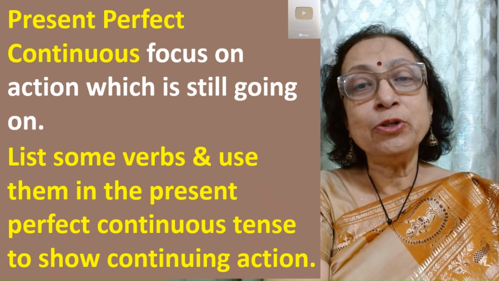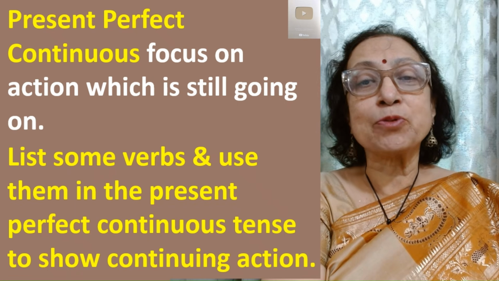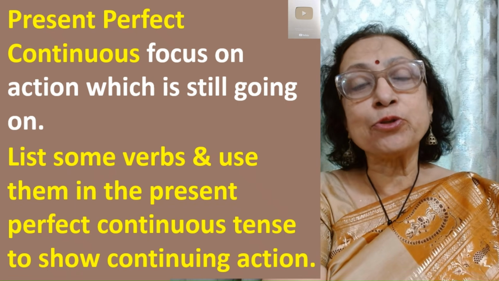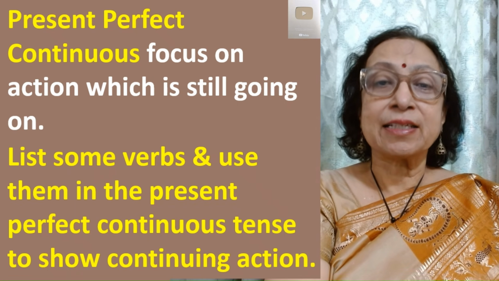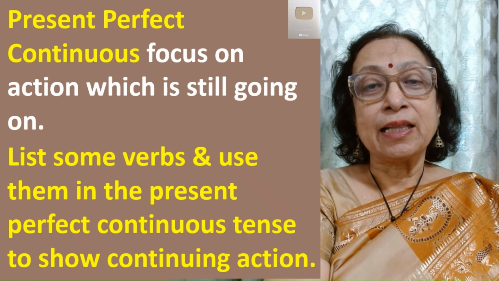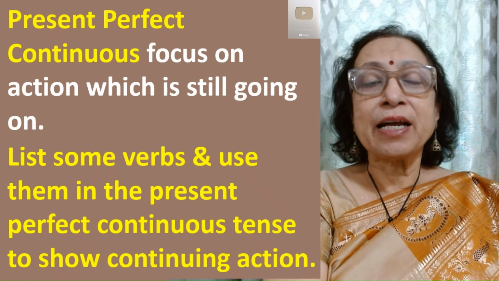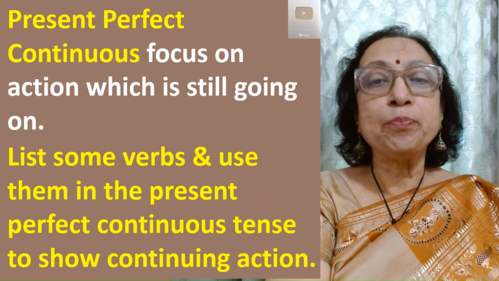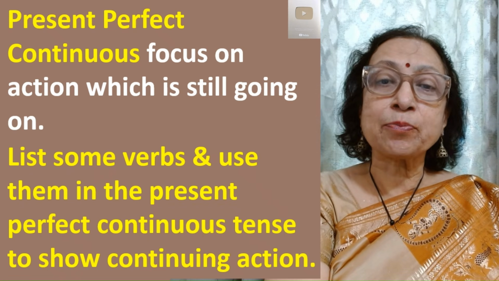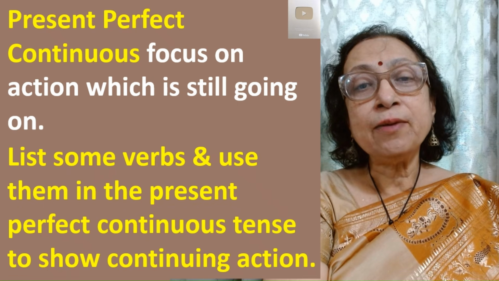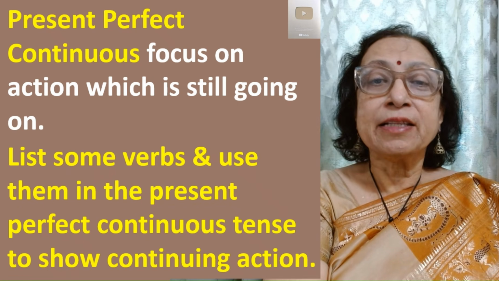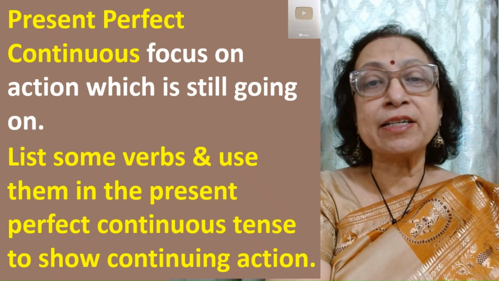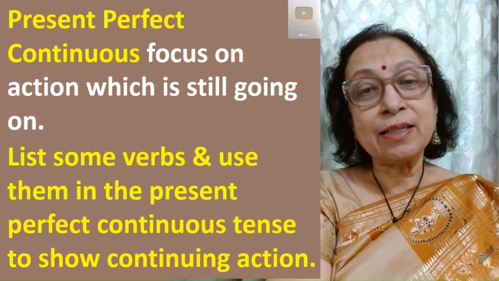As I told you, think of all the verbs which you know and try to use them in this sense. The structure is that you have the helping verbs have and been. Been is the past participle of the verb to be, and then you have the main verb in the present participle. That is important.